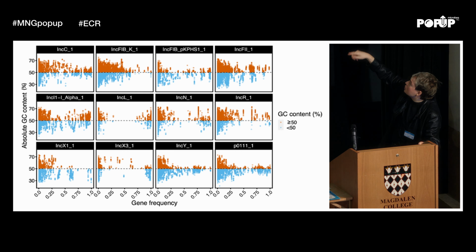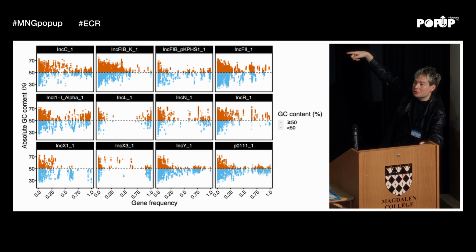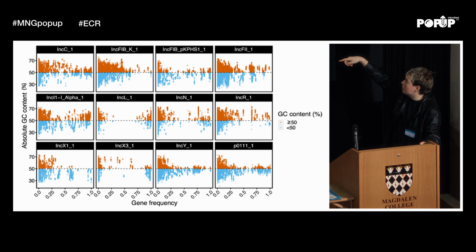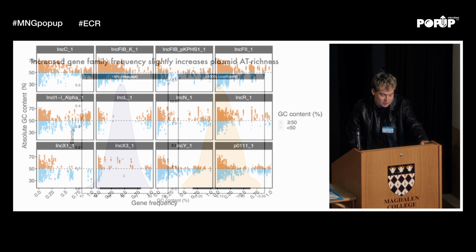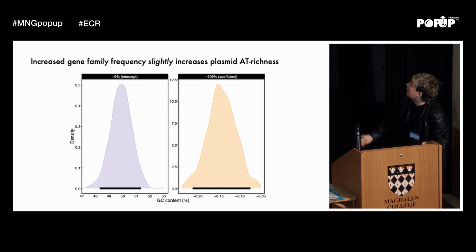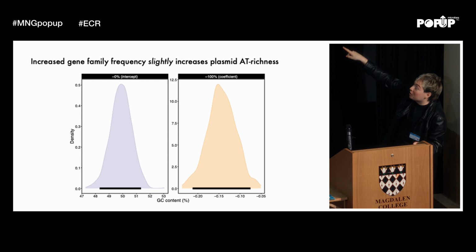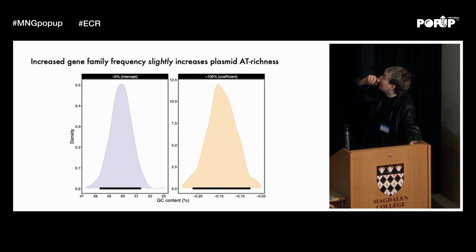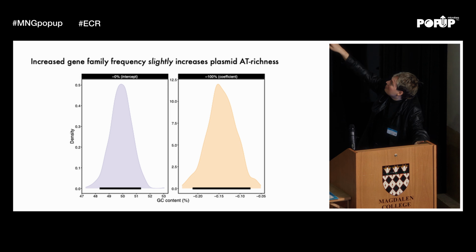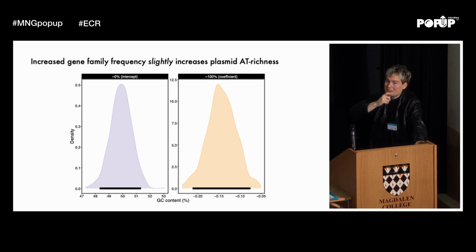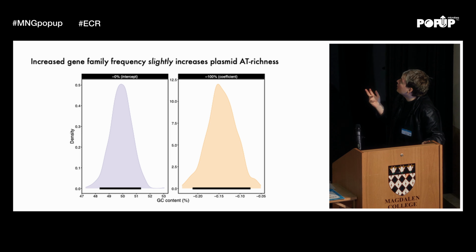And so the first question, right, is gene frequency involved at all with AT-richness? And the answer is, I guess, sort of, slightly. I mean, it's certainly significant, but it's also certainly minuscule, right? As a gene goes from being about 0% in the population to around 100%, it's gaining 0.15 percentage points in AT-richness. It's not worth writing home about.